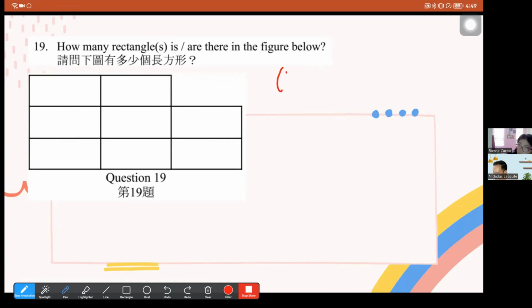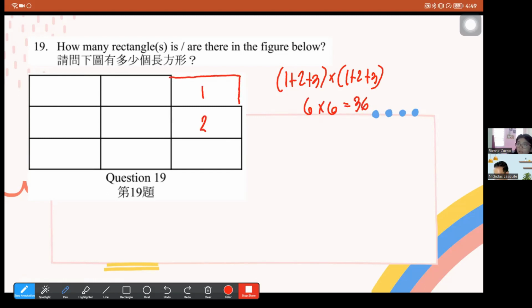We already have 1 plus 2 plus 3 times 1 plus 2 plus 3. That is 6 times 6, which is 36. So if we are not going to include this one, the affected are 1, 2, 3, 2, 3. Those and those, which is 36 minus 3 times 3. So the answer here is 27.